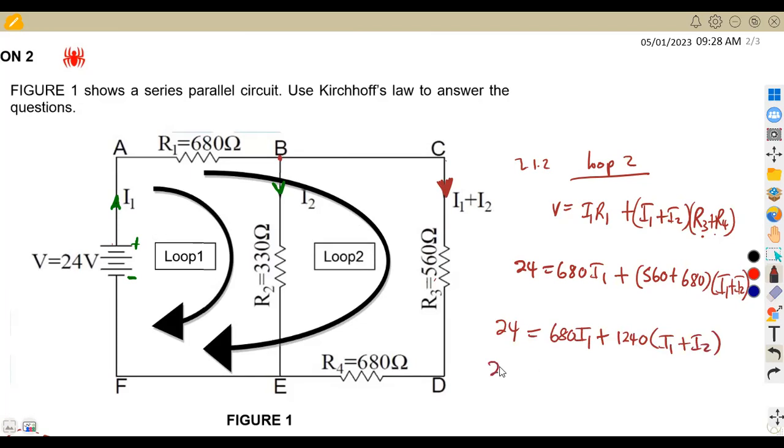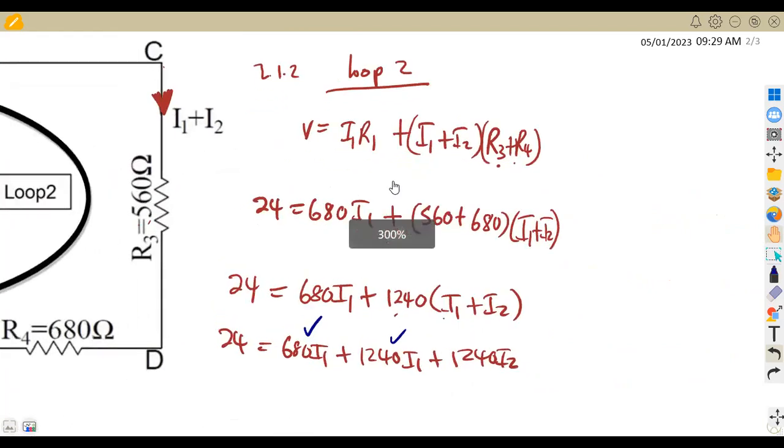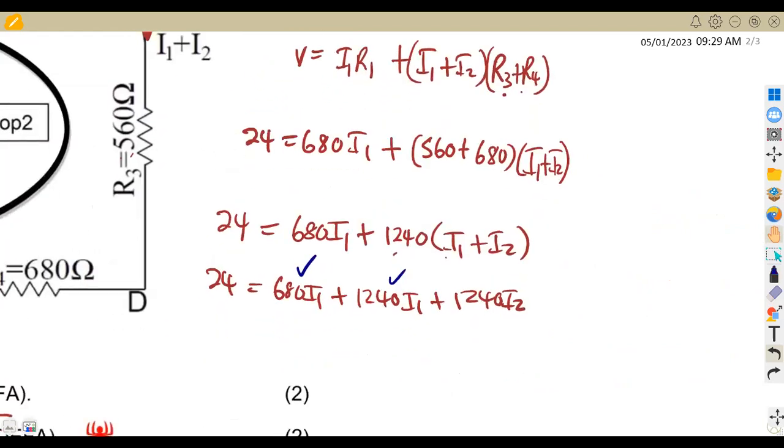So we can expand the bracket so that we can collect our like terms. That's 1,440 I1 plus 1,240 I2. Then we can collect like terms with the 680 I1 and 1,440 I1 in this case, so that we can simplify further. All right, so what are you going to have at the end?